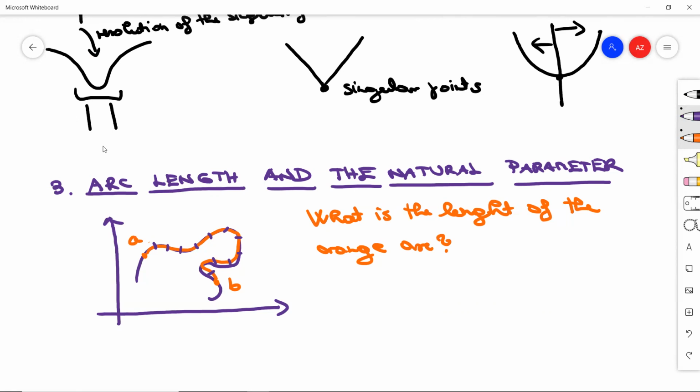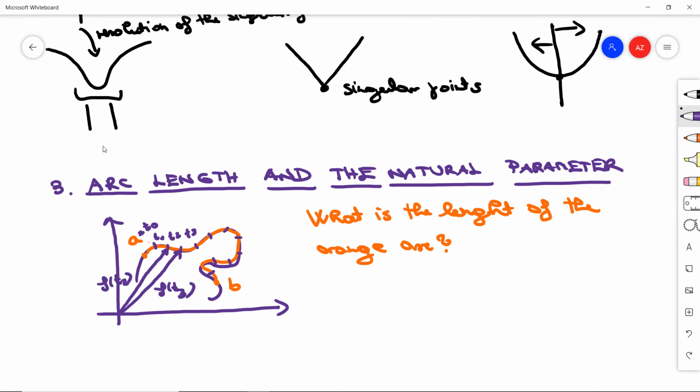So we divide this arc into the intervals t0, t1, t2, t3, and so on. And for example, this is the vector f of t2, and this is the vector f of t3.